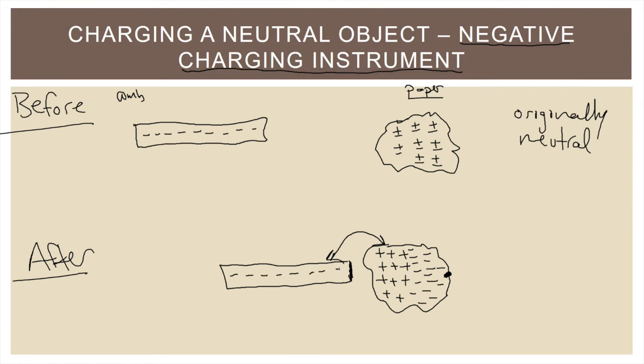You could especially notice this if you were paying attention to the comb video, because like if this was the comb, when it picked up the pieces of paper, you notice the individual strips were stuck to the comb long ways. That's because only one side of the paper was attracted to the negative charges on the comb. The other side was repelled. And so it actually does attract to the comb like this, where the one side is facing the comb and the other side is facing away.